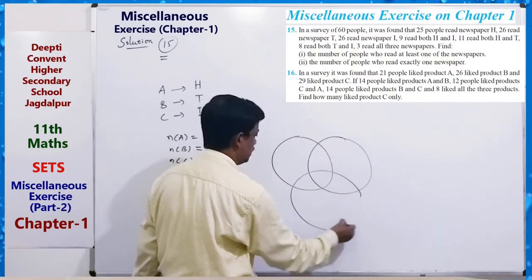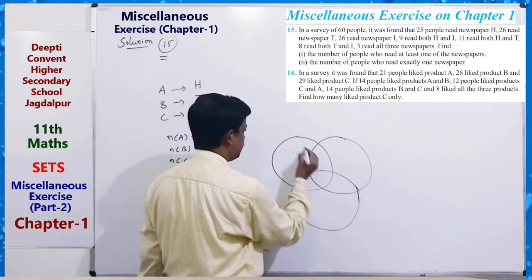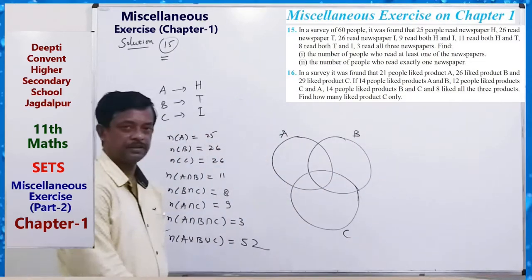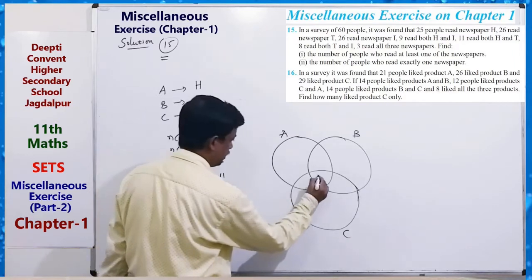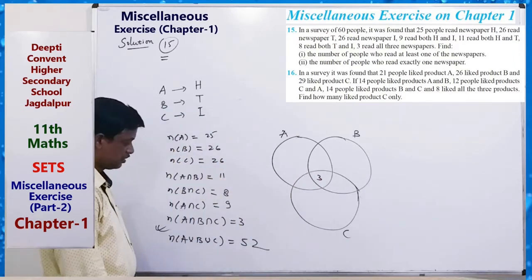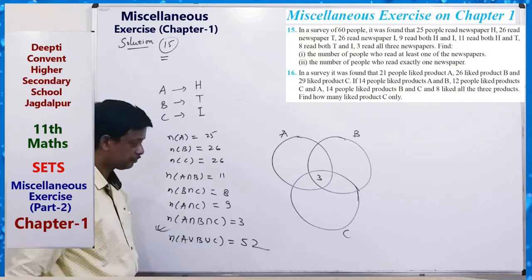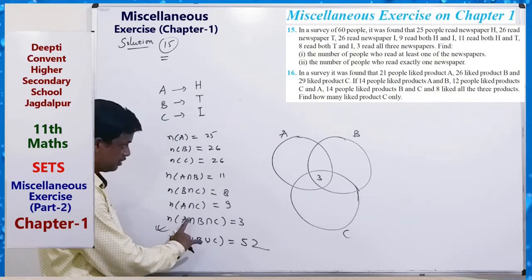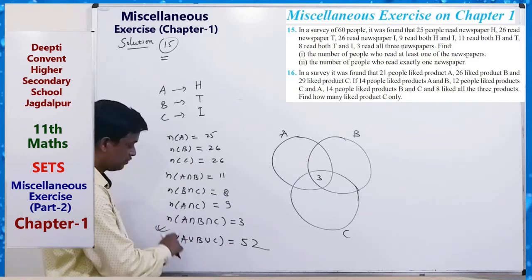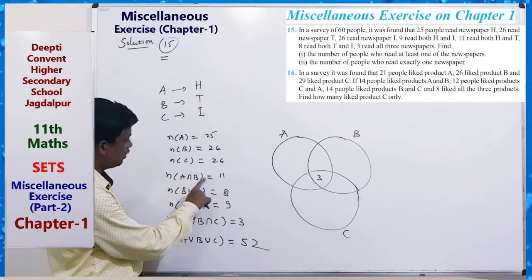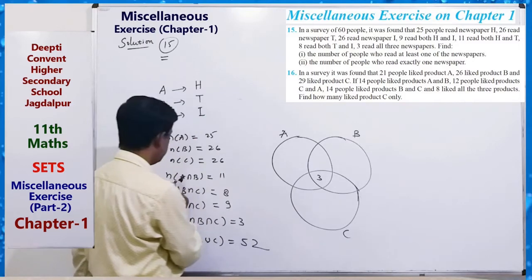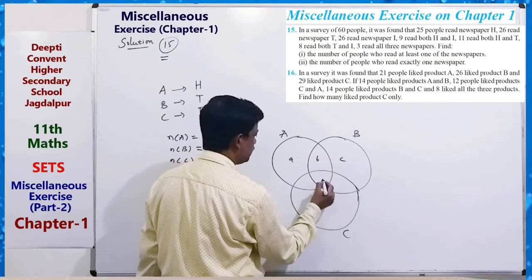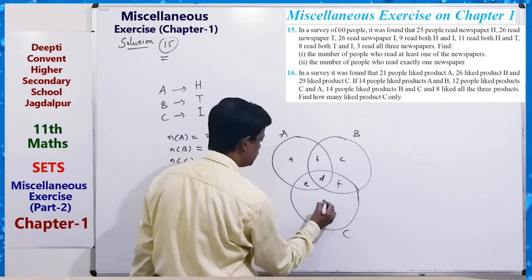This is A, suppose this is B, and this is C. Now all 3 are here, and A intersection B here. Suppose the regions are A, B, C, D, E, F, G.